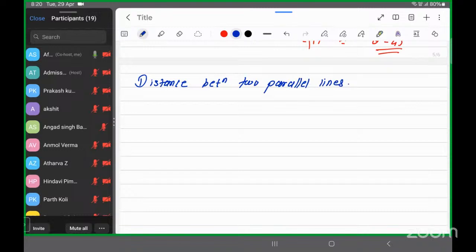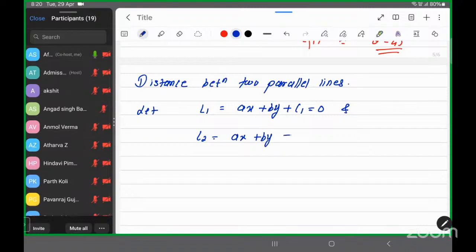So the distance between two parallel lines, let L1 be Ax + By + C1 = 0 and L2 be Ax + By + C2 = 0.